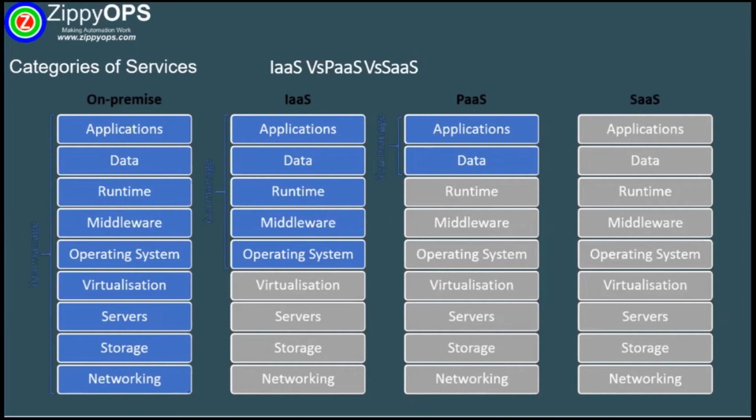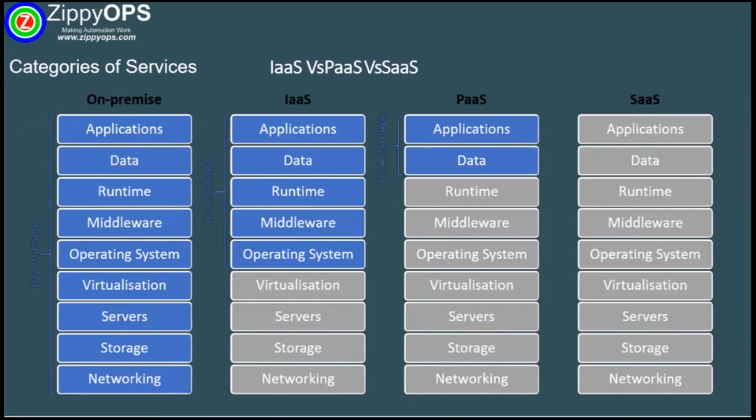That is called platform as a service, where the service provider will provide the runtime. If you want a Java runtime, they will provide a Java runtime. If you want a Python runtime, they will provide the Python runtime. In that, you will be uploading your application code and data, and you will be taking ownership of the application and the data. That is called platform as a service.